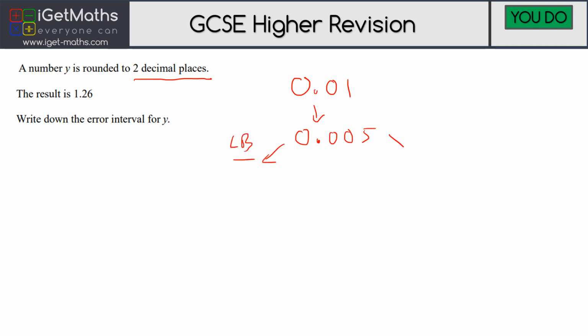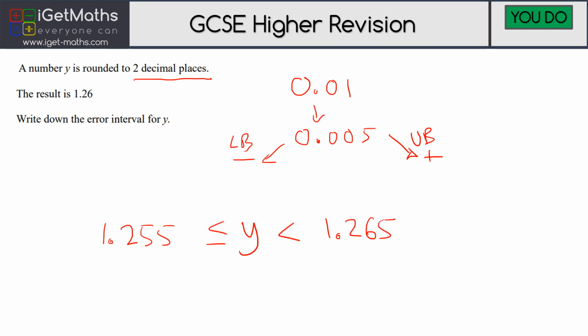For the upper bound, you're going to add. So you start off with y is bigger than or equal to, but less than, and then that will give you 1.255, and that will give you 1.265 when you add, and you're done.